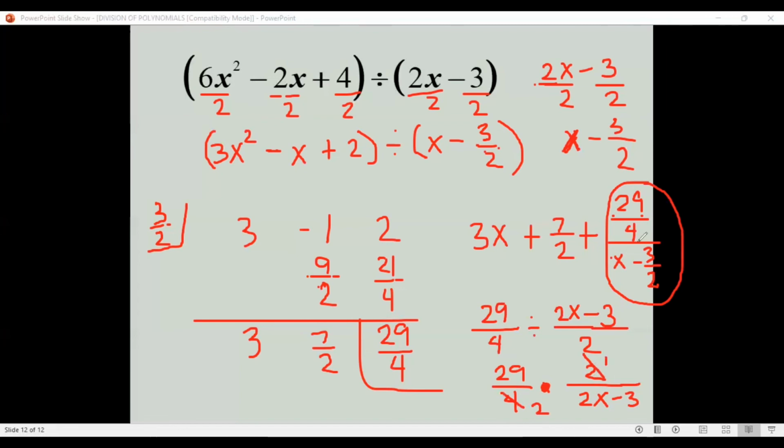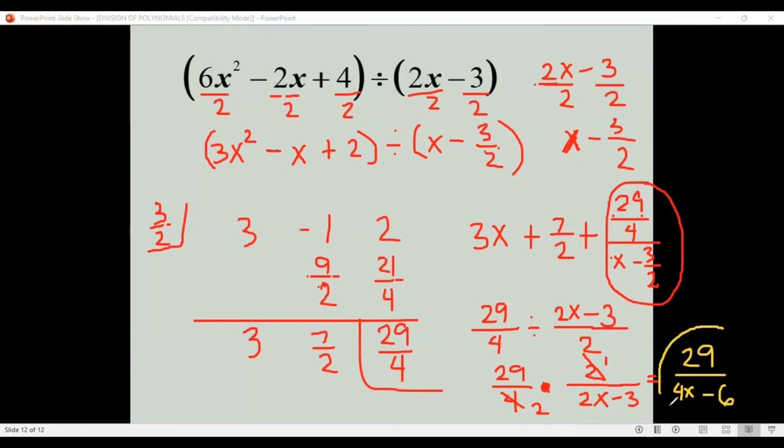So this simply means that the simplified form for that is 29 all over, we can now multiply 2 times 2x, so that will become 4x. And then we have 2 times the negative 3, which is equal to negative 6.